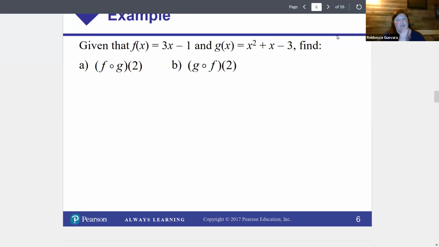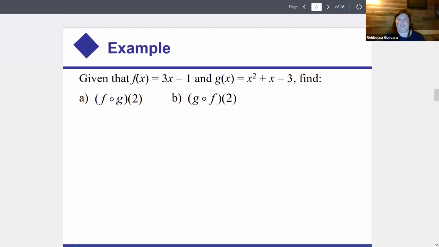Okay, so this looks the same, but look, there's a slight difference: I'm doing F composed of G of 2. So there are 2 ways I can go about this. We just found out, because these are the exact same functions for F and G, that F composed with G of X was 3x squared plus 3x minus 10.